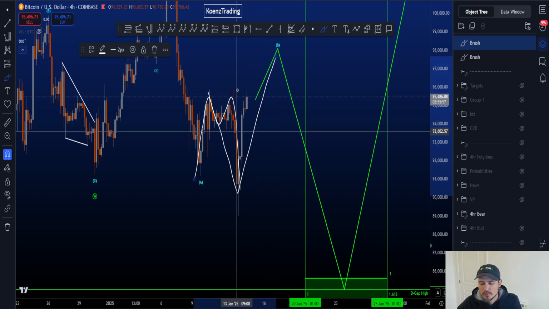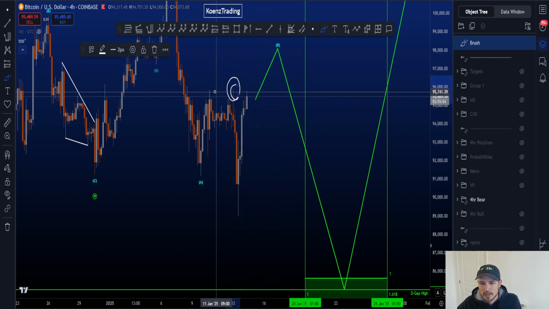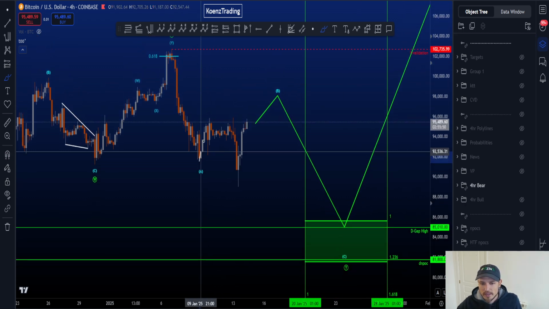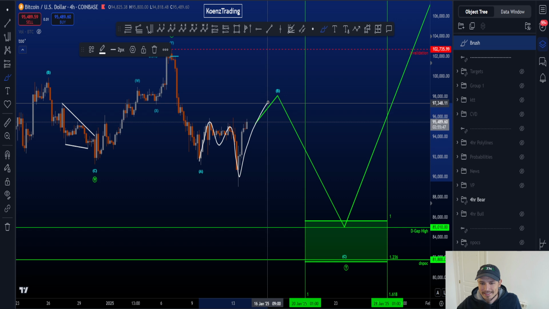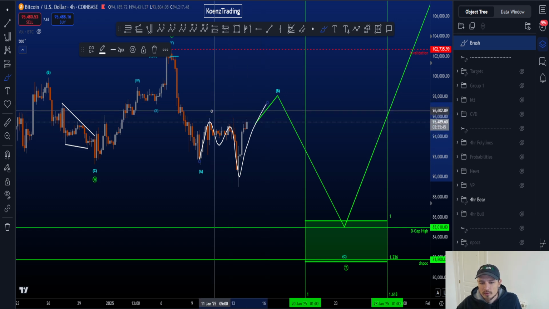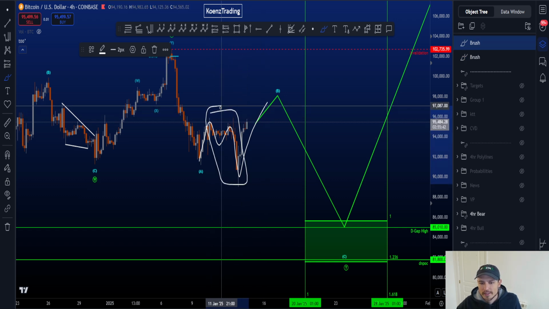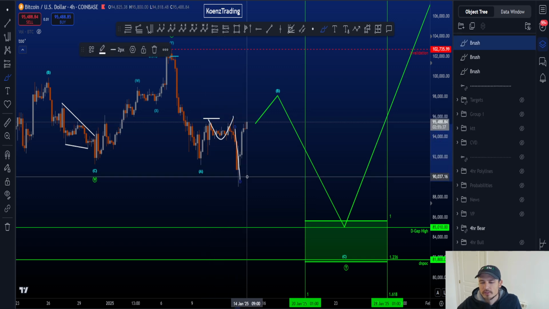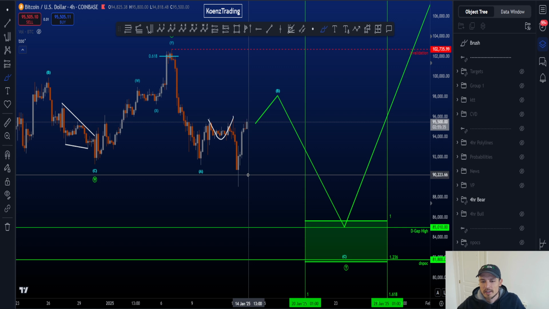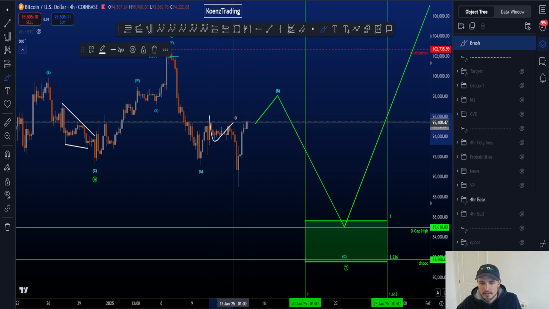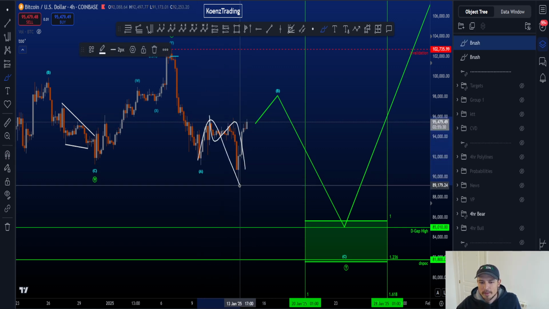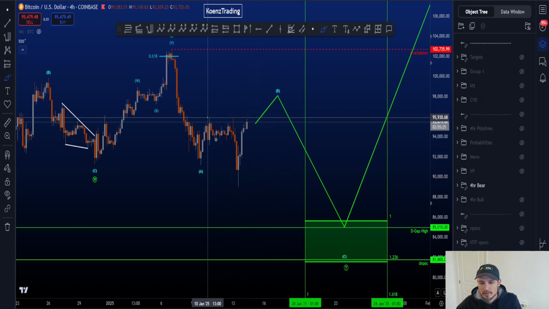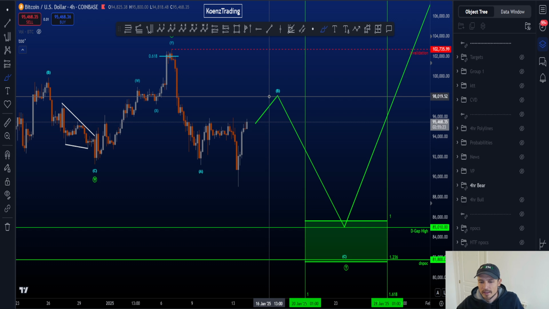But mind you that this high here took out the high on the left, which means that if you want to count A, B, C, then your wave B here becomes a flat itself because you have your A, B took out the high, and then you have your impulsive structure to the downside in a wave C. However, a flat wave B in a bigger flat is incredibly rare.